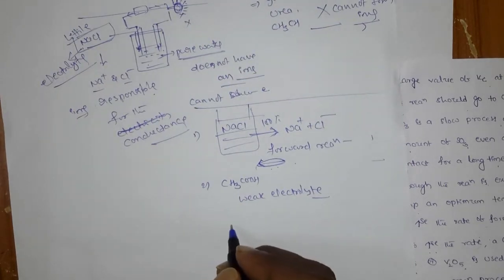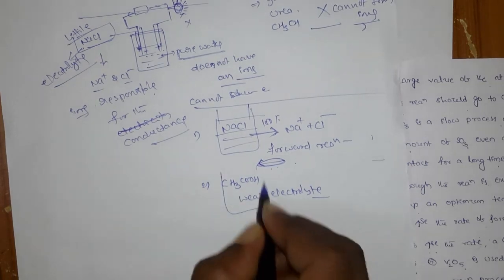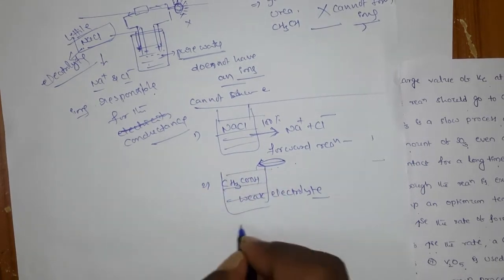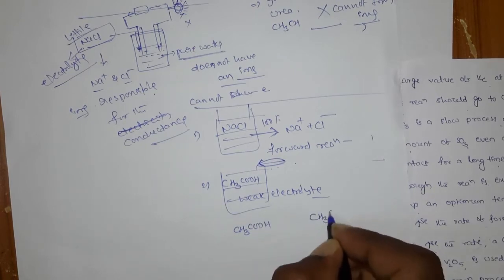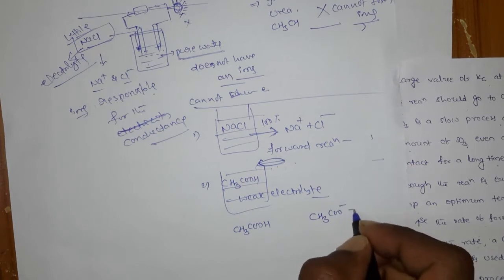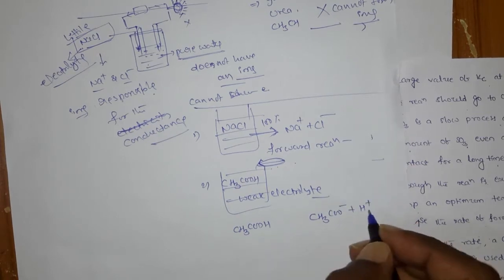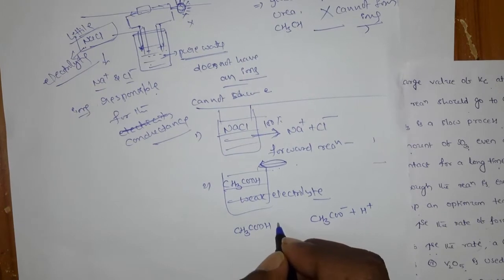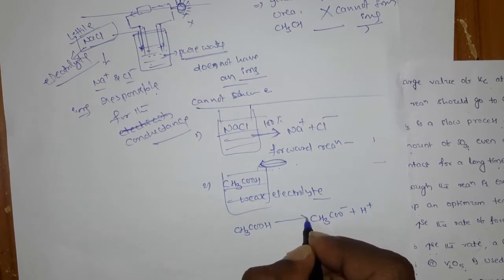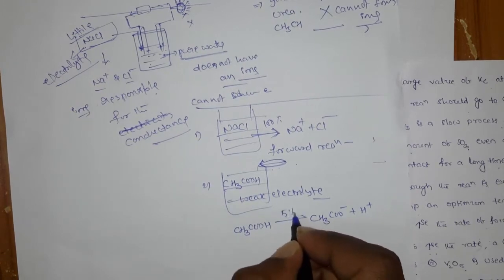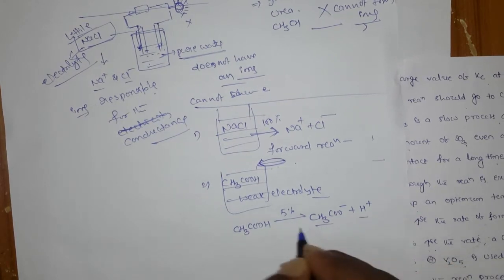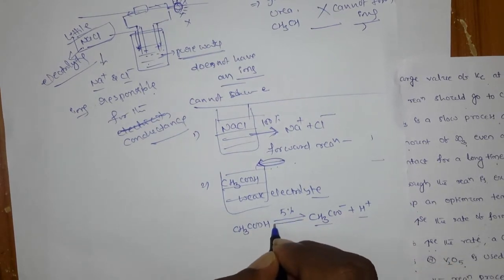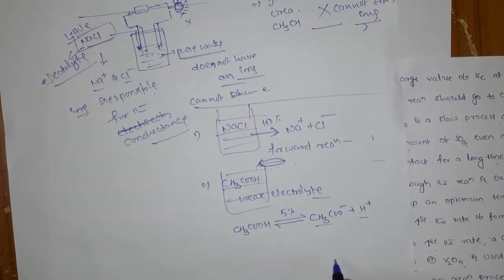When you put acetic acid into water, some of it will dissociate into acetate ion plus H+ ions, but only up to about 5%. Again these acetate ions and H+ ions combine and form acetic acid simultaneously.